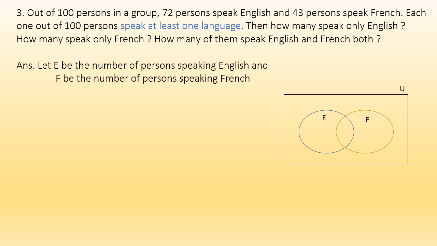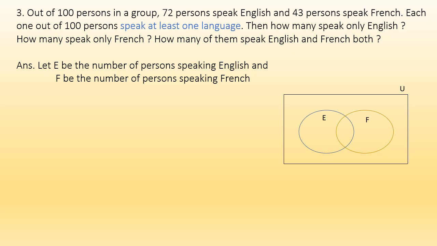Intersection of both the circles, that is this middle part, which is outlined by a blue line and a yellow line, that is in between the two circles, is the intersection part, that is the common part between both the sets. These are the people who speak English as well as French both.